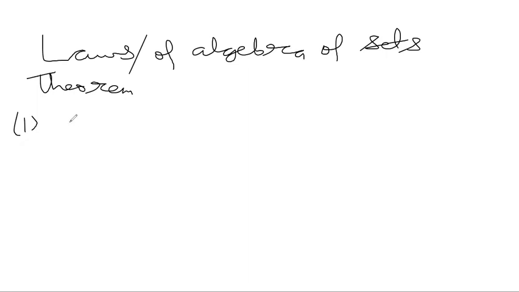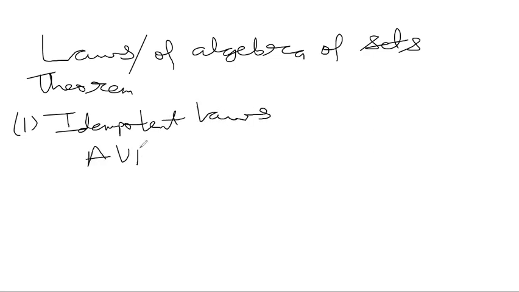Idempotent laws. What are they? A union A is equal to A. A intersection A is equal to A. Now if you apply the logic, let us say the elements in A are 1 and 2.